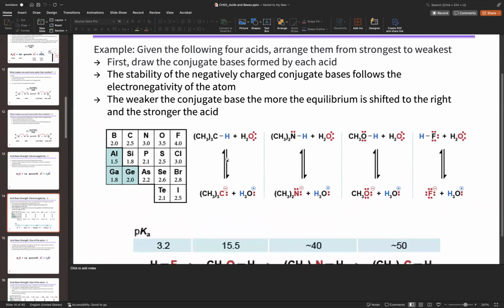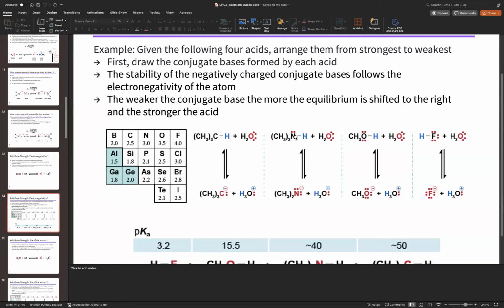Now, what's the difference between this compound, the acid, versus this acid, versus this one and this one? The idea is that we are going from carbon, and carbon will need 3 methyl groups, because carbon makes 4 bonds. One of them is a hydrogen, the other 3 are the methyl groups. Then we go to nitrogen.